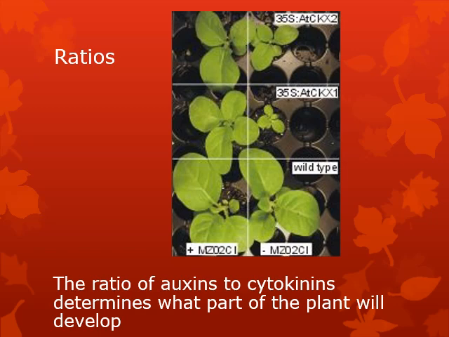So cytokinins, that center one right there, you'll notice it's got a smaller shoot network, but a much deeper root network. By changing the ratio of auxins to cytokinins, you can encourage the plant to grow new tissues, roots or shoots. So auxins make the plant grow up. Cytokinins typically produce lots of roots.